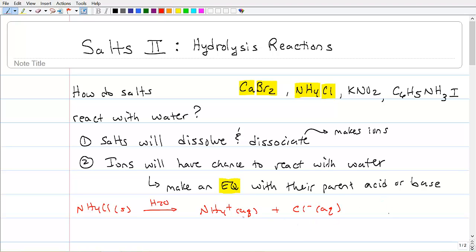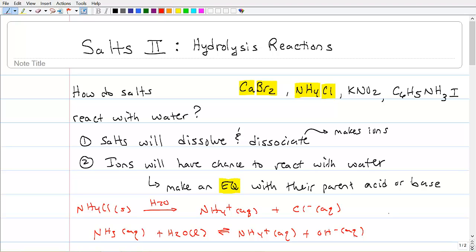The NH4 plus, if you remember correctly from when we first started looking at acids and bases, NH3 is its parent. And when NH3 reacts with water, it creates an equilibrium to form NH4 plus and OH minus.